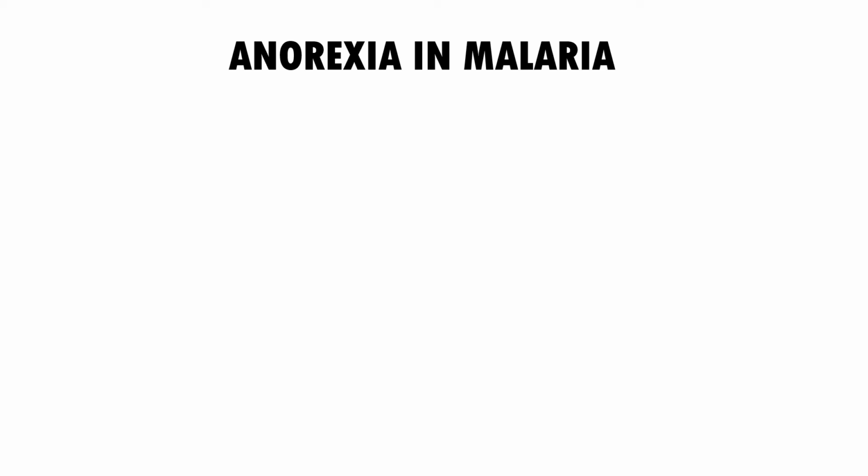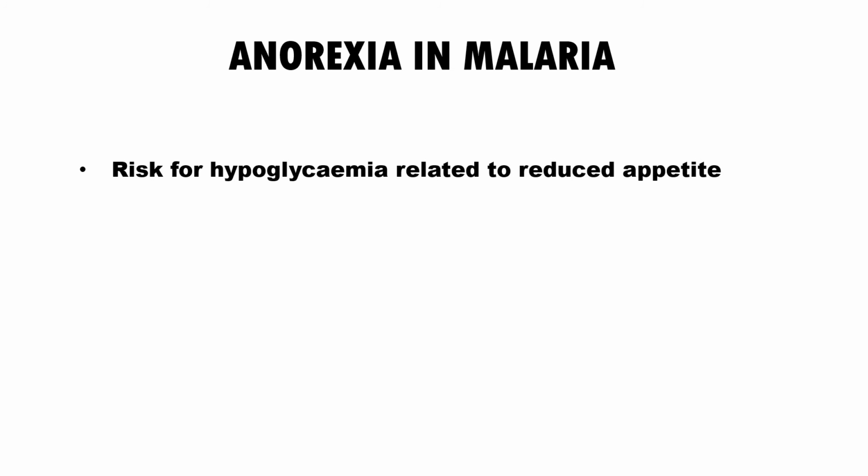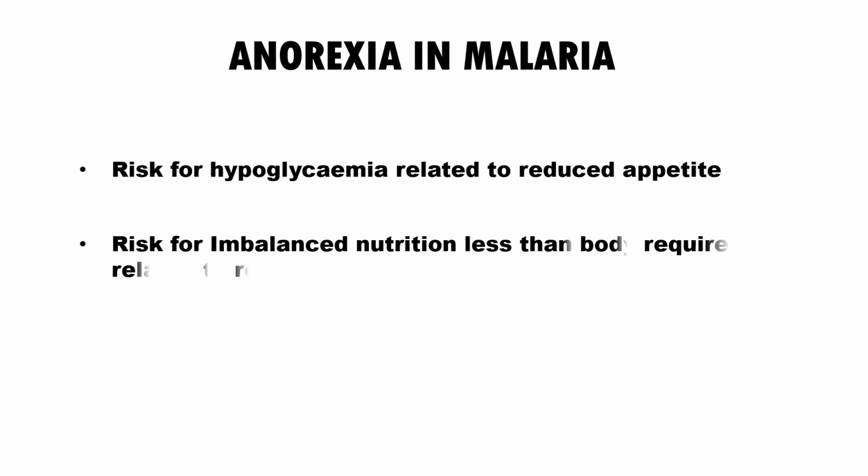Okay, let's look at the nursing diagnosis for anorexia in malaria. We have risk for hypoglycemia related to reduced appetite. So hypoglycemia is low sugar level. You need sugar to sustain the life and the energy.